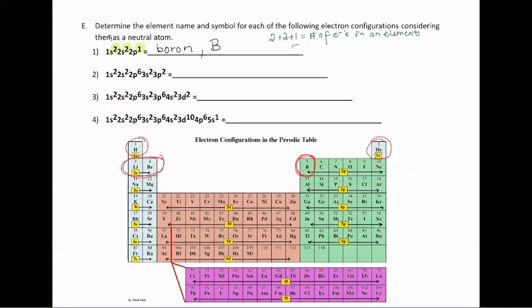So in this case, it is a 5. Remember that the number of electrons in an element also equals the atomic number. So who is the element that has atomic number of 5? Boron.